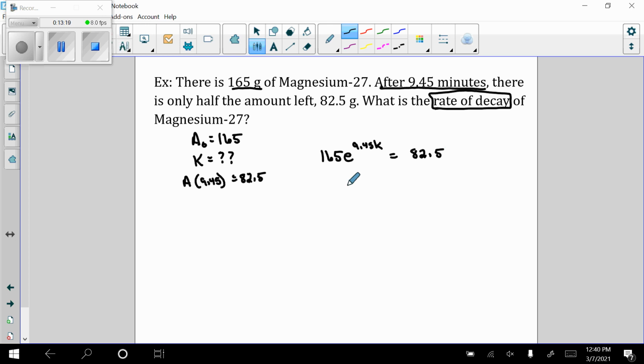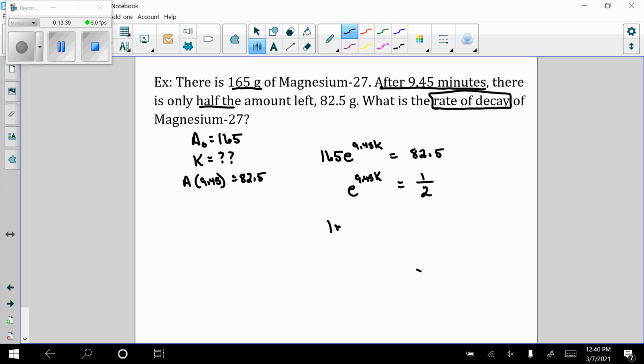If I divide, I get e to the 9.45 K equals 82.5 over 165. I knew that it was half the amount, but I also know that because it was told to me in the problem.